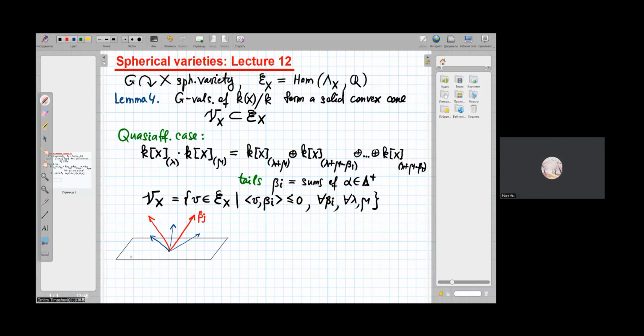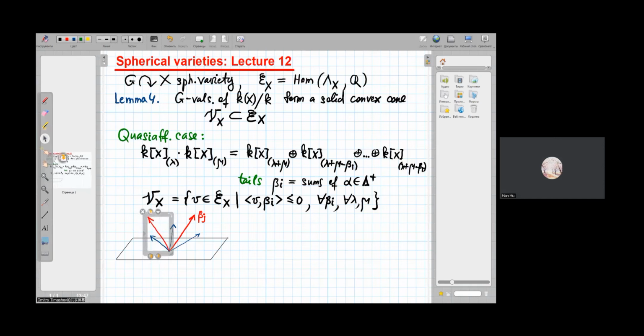But let me draw this cone on the same picture, thus identifying the vector space spanned by the characters with its dual. This can be done, for instance, by choosing an inner product, but it is more correct to think about the dual vector space. Just imagine that this picture denotes at the same time the vector space spanned by the characters and its dual.